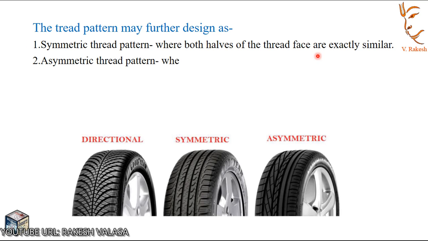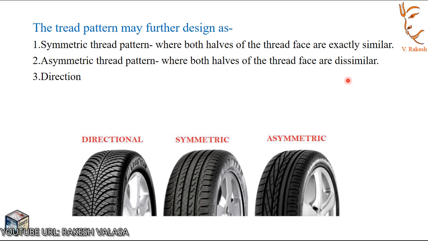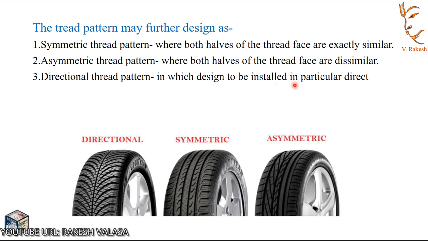Next one is asymmetric tread pattern, where both halves of the tread face are dissimilar. Next one is directional tread pattern, which is designed to be installed in a particular direction. You can see this directional tread pattern in this figure. This is one direction, this is the other direction, both are in opposite directions.